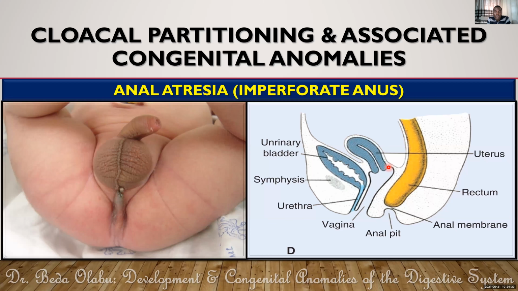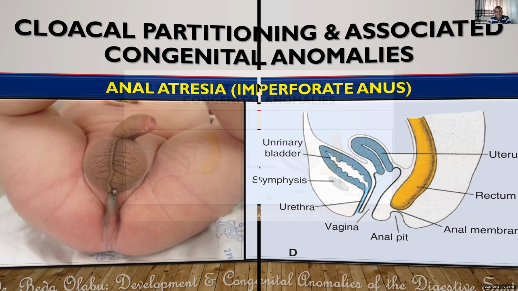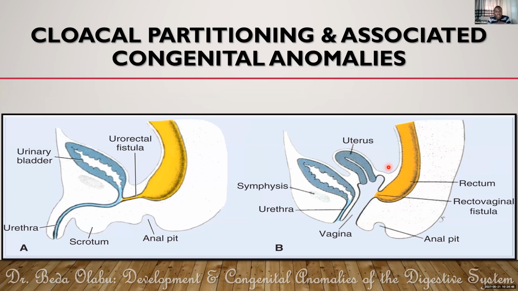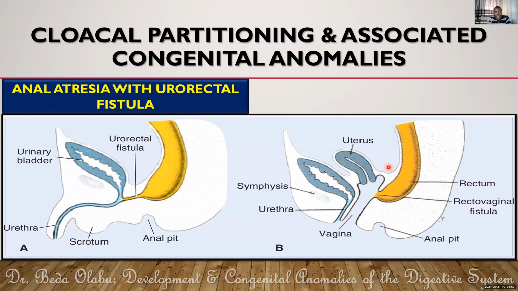And so you may have normal communication between the rectum and the urogenital derivatives of the urogenital sinus. So those ones will give us anal atresia with a fistula. In male, you may have anal atresia, yes, with a fistula connecting rectum and the urethra. So this is anal atresia with urorectal fistula.